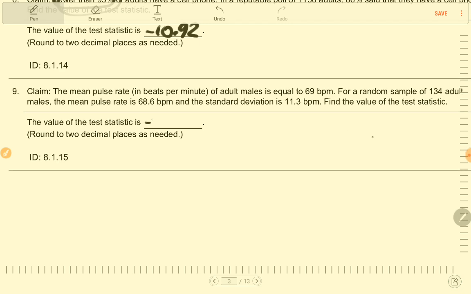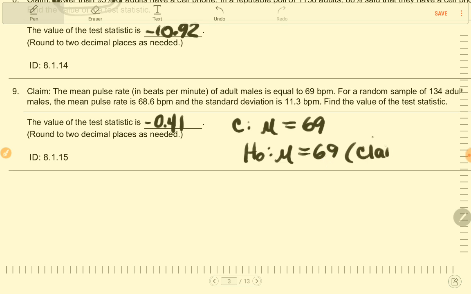So we know that the objective of this question was just to calculate the test statistic, but in context of doing a full hypothesis test, we would say that the claim is that the mean is equal to 69, so that the null is the claim. So if we reject the null hypothesis, then we would also, in effect, be rejecting the claim.